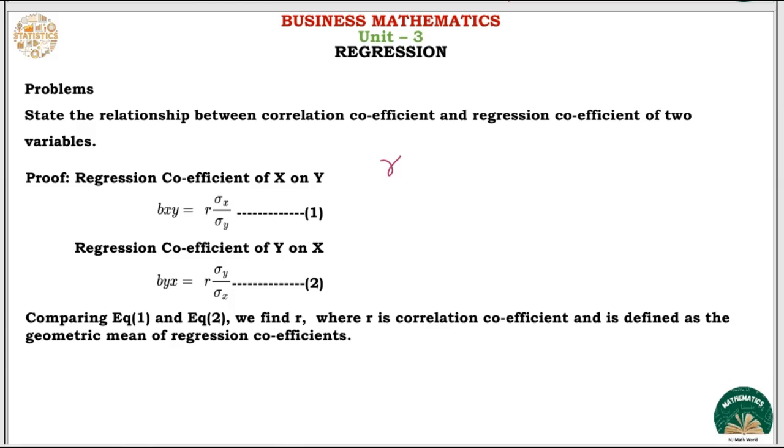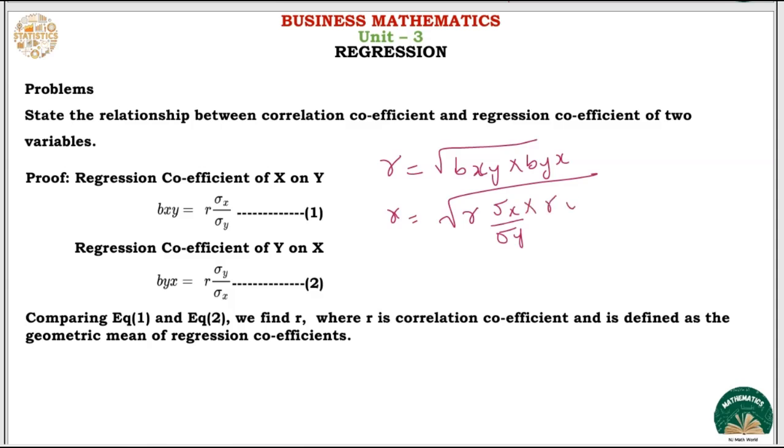So here we know that r equals root of bxy into byx. Substituting the values of bxy and byx, we get r into sigma x by sigma y into r sigma y by sigma x.